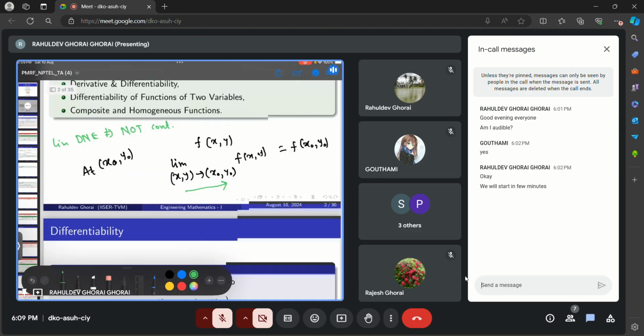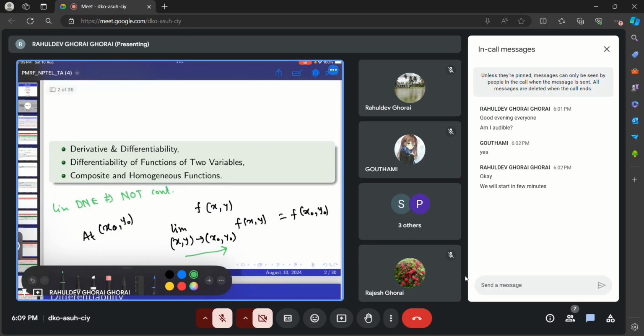Like we have shown for x over square root of x square plus y square, if you want to find the limit at 0, 0, you choose the path y equal to mx.